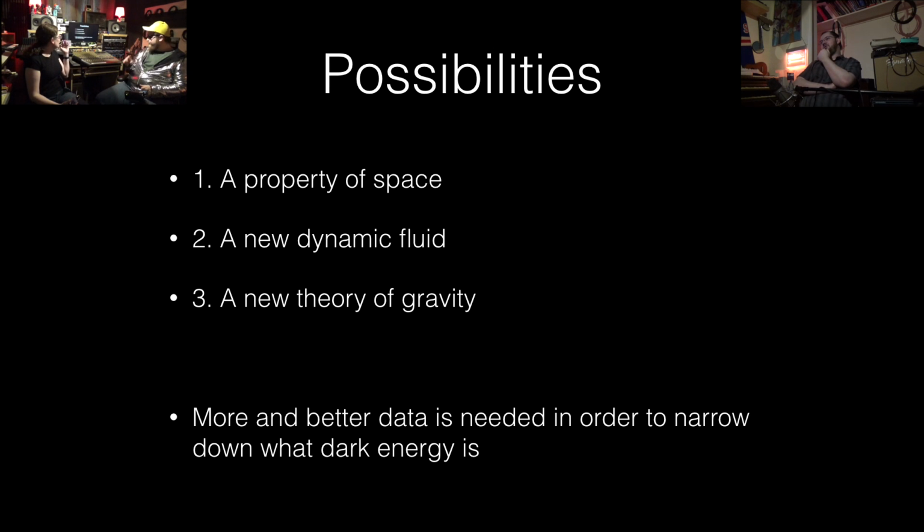Or two, it could be a new dynamic fluid or field that we had no clue about, or that we simply don't have the instrumentation necessary to detect. Exactly. Or it could be a completely new theory of gravity altogether, which is always possible, but at the same time, it would turn everything we know almost on its head.